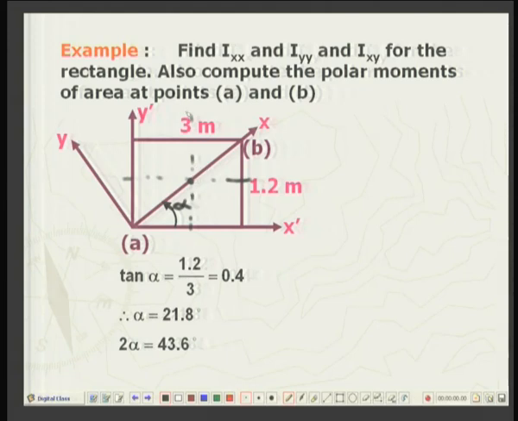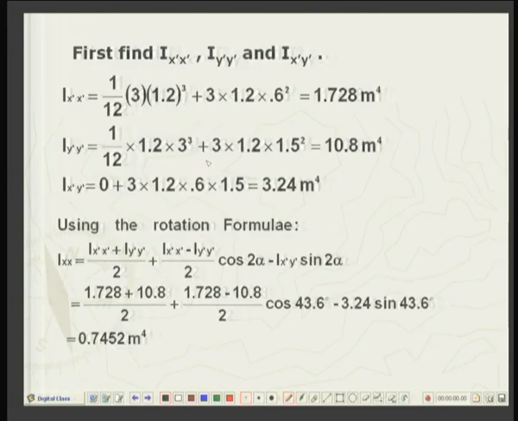Now, the distance will be 3 divided by 2, 1.5. So, area times 1.5 squared. So, this is exactly what we have done. Iy dash is 1 by 12 into 1.2 into 3 cubed plus area, which is 3 into 1.2, times the distance squared, 1.5 squared. So, this comes out to be 10.8.